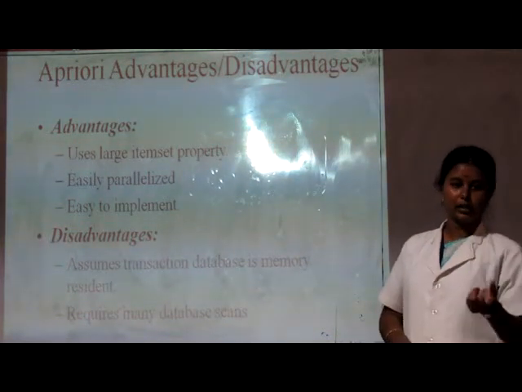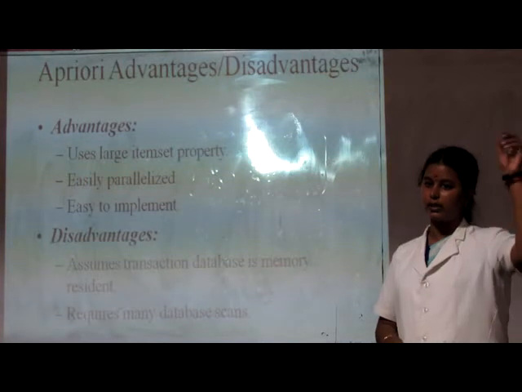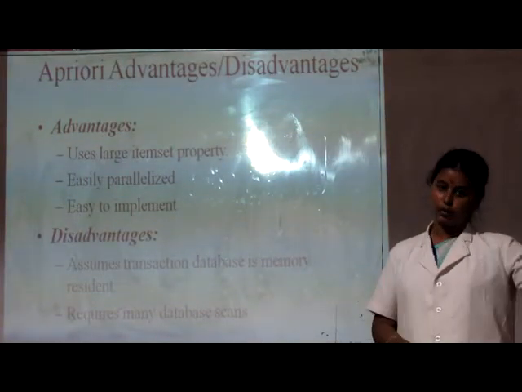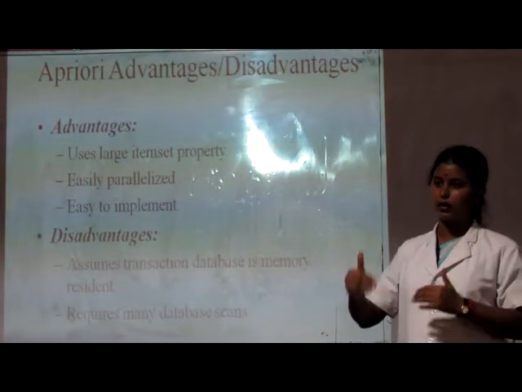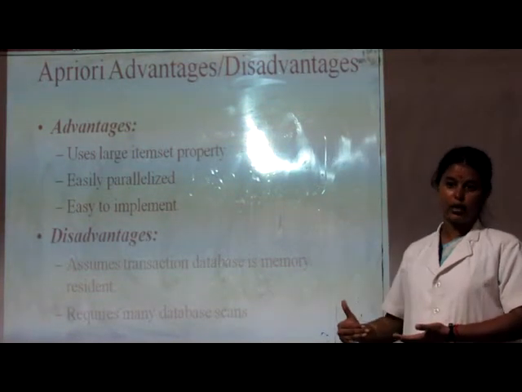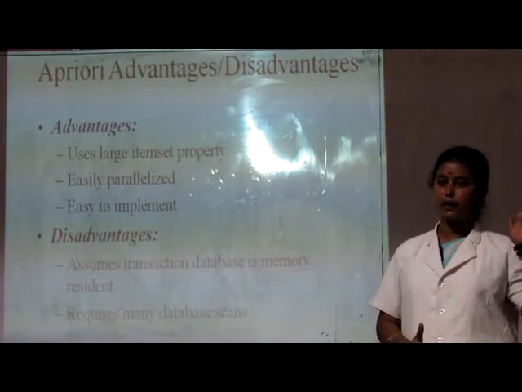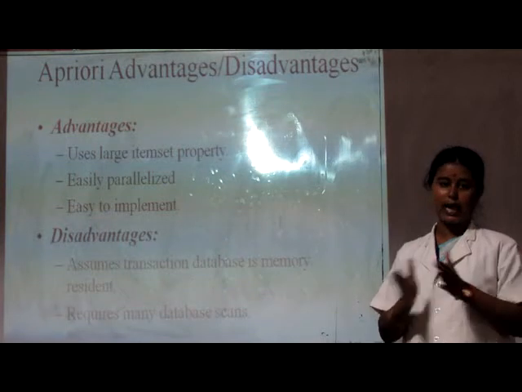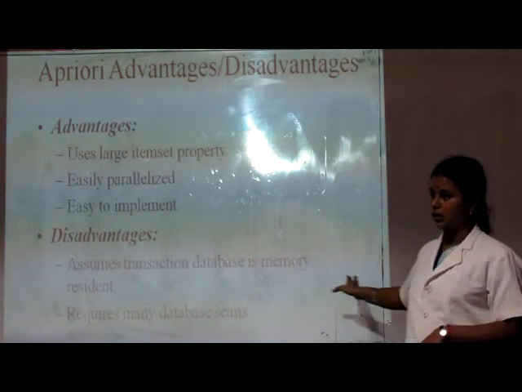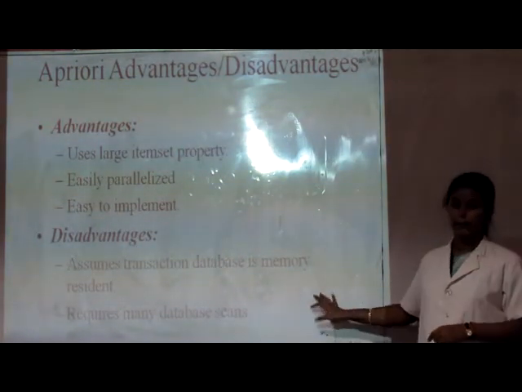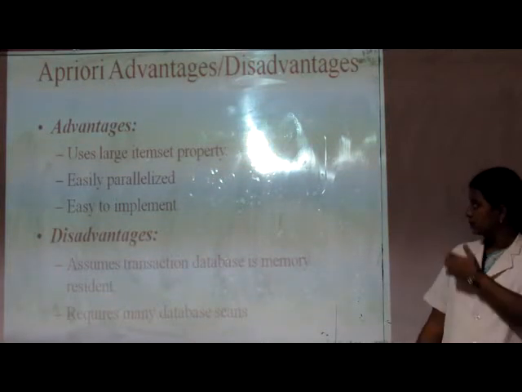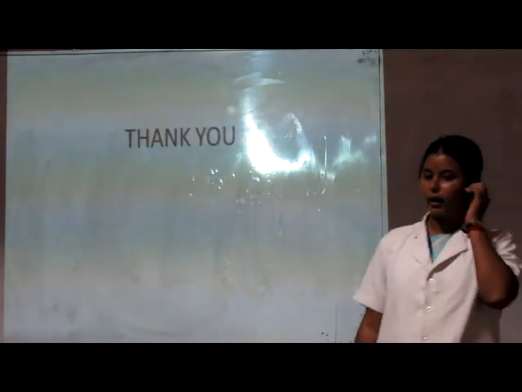Again I have to combine X with Y, so again I have to take from the first record to the end record. For each and every step, I have to consider from the first record to the last record. So the scanning of the database will be larger in the case of apriori.